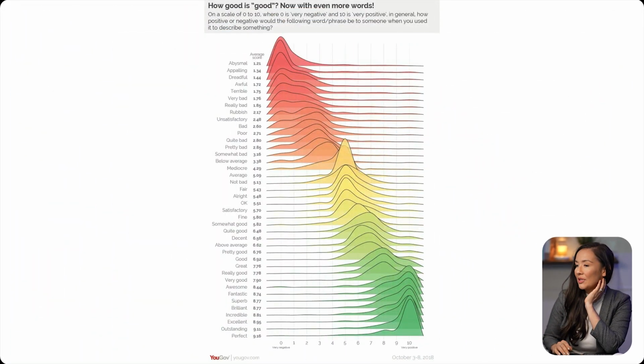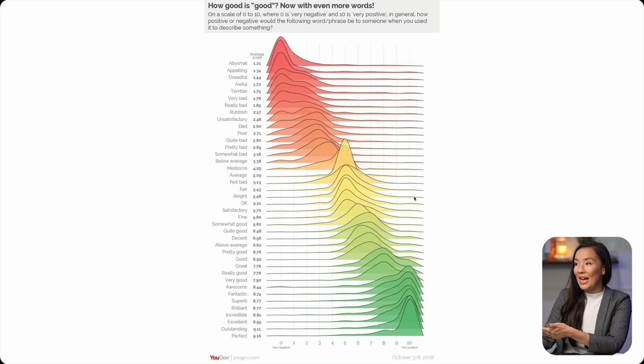Let's look at some examples. Here we have a dual encoding where we have the positive and negative valence of these different words on the x-axis, and here are the different words, and you can see a distribution of the average scores. Now the primary encoding for the valence of these words is position, where they are along the x-axis.